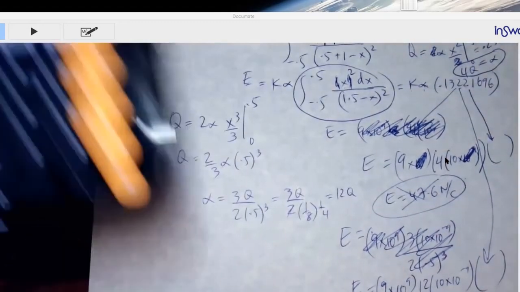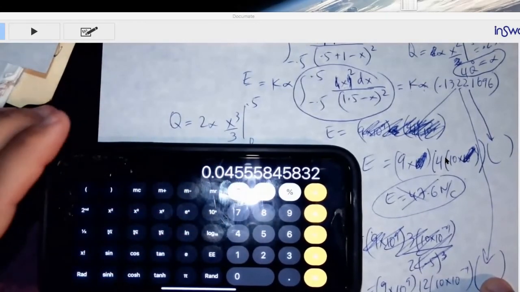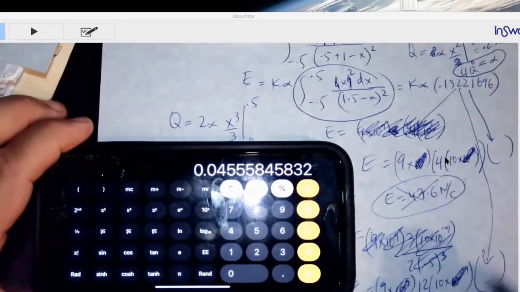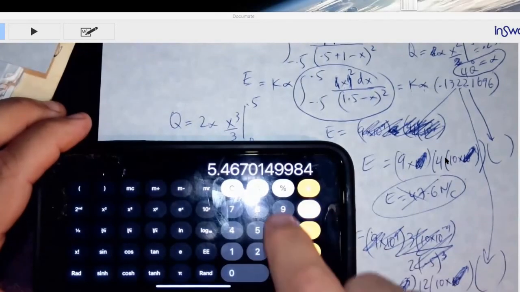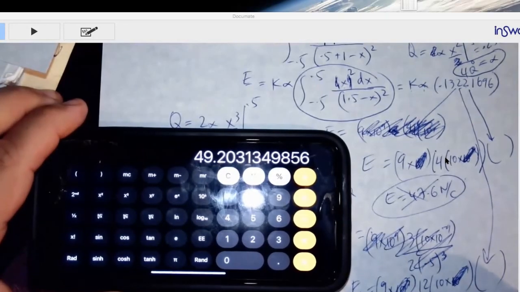Okay, so the integral I already put down in my calculator, and then times 120 times 9. Oh, there you go. So it's slightly bigger, 49.2.